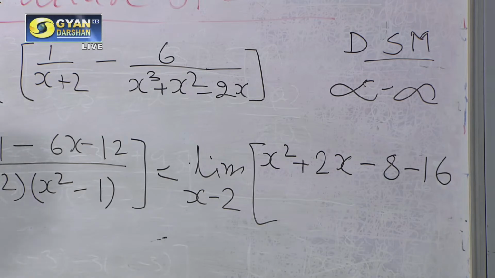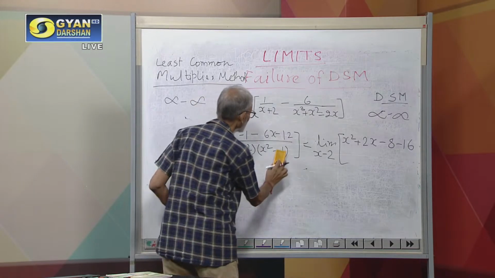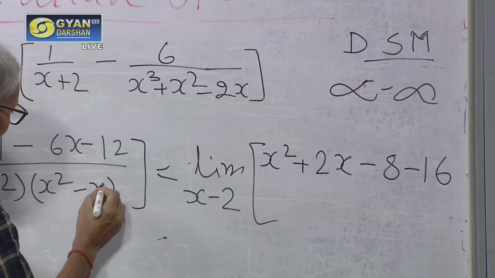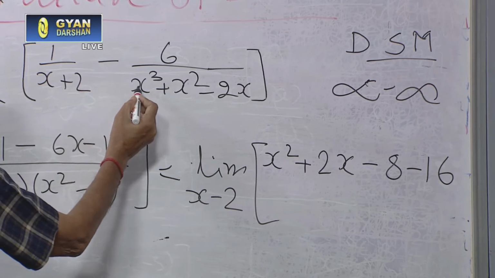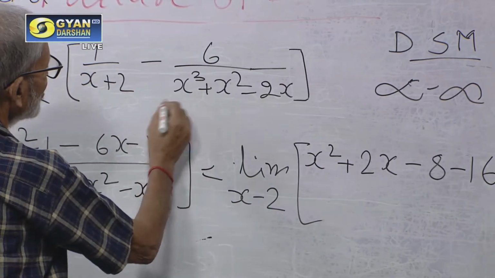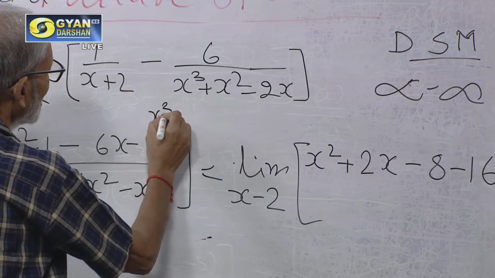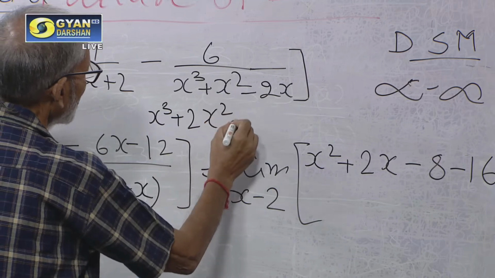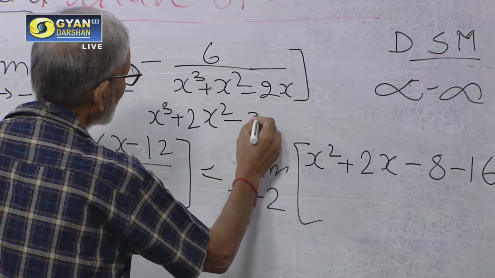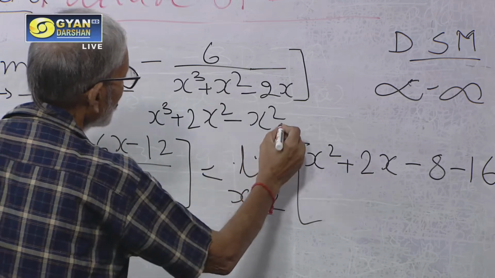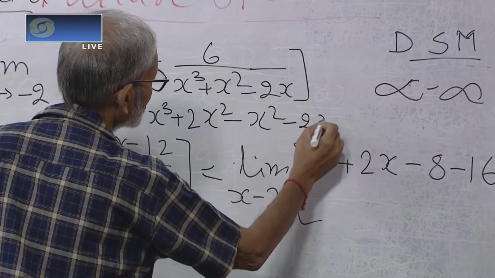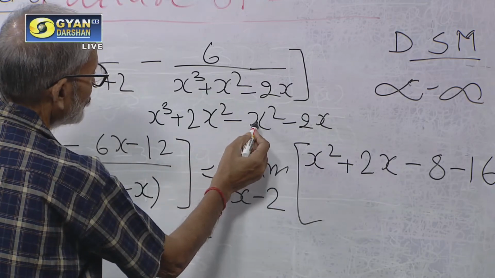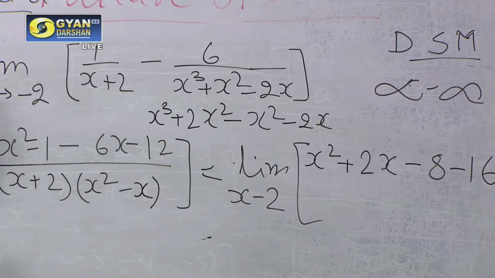Sorry, this is not 1, because this will be minus x, because here I have taken x cube plus 2x square minus x square, then it will become x square and minus 2x. So here x square I have taken common and here minus x will be common.